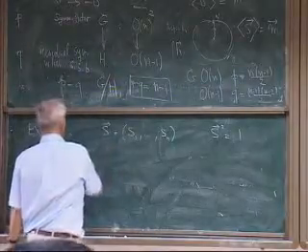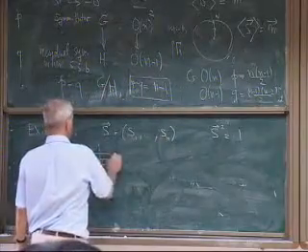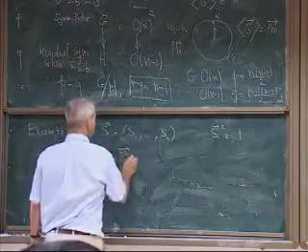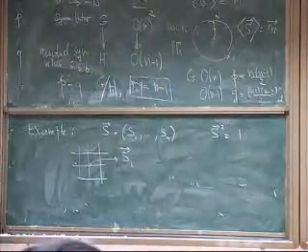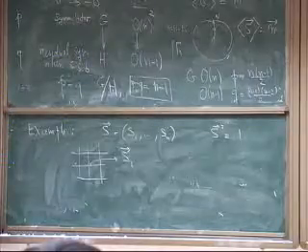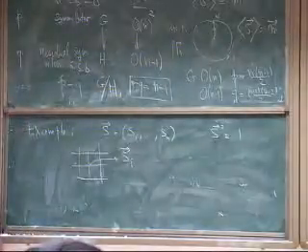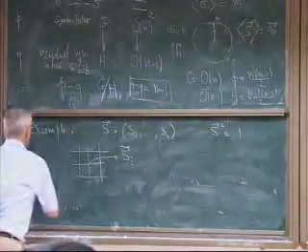I take a lattice, and at each site I have a vector Si. I will assume that the interaction is nearest neighbor, and I will write the energy of the configuration.